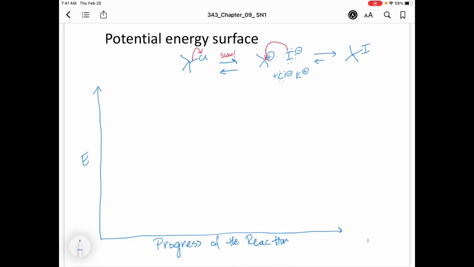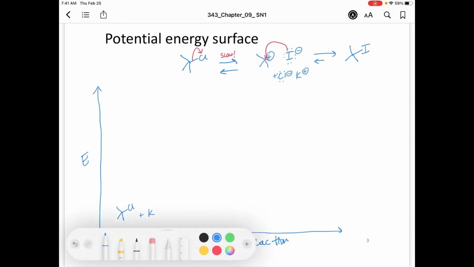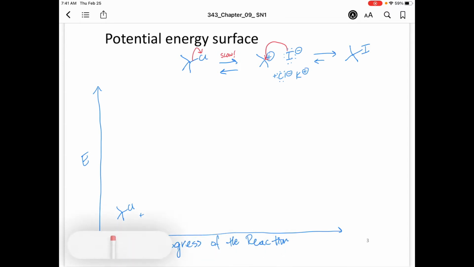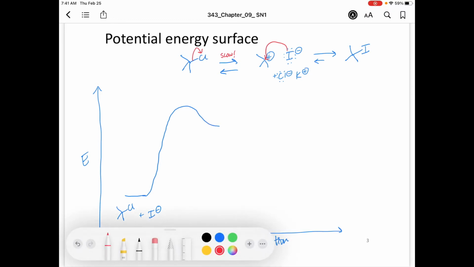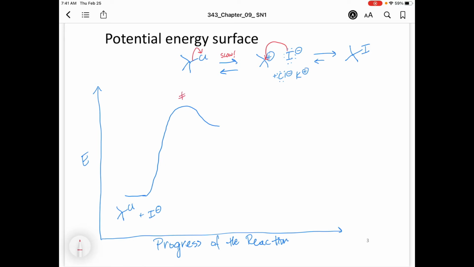So we're going to start our reaction with our alkyl chloride, and we have our potassium iodide present. I'm just going to draw out I- actually, because it's really the thing doing the chemistry. Okay, this is a relative energy here, and then we're going to go through a transition state. Transition states are higher in energy, and we cannot isolate them.